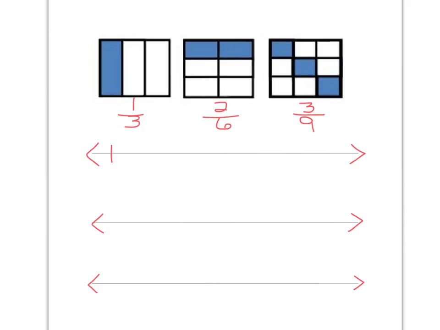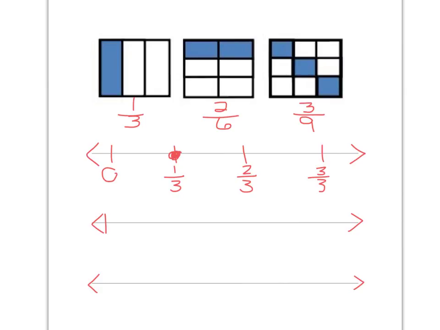So 0, 1, 2, 3. I know this is 1/3, 2/3, 3/3. That's my first one, and 1/3 goes right here, so that's where I'm going to plot it. My second whole is broken up into sixths, so I'm going to break my second number line up into sixths.